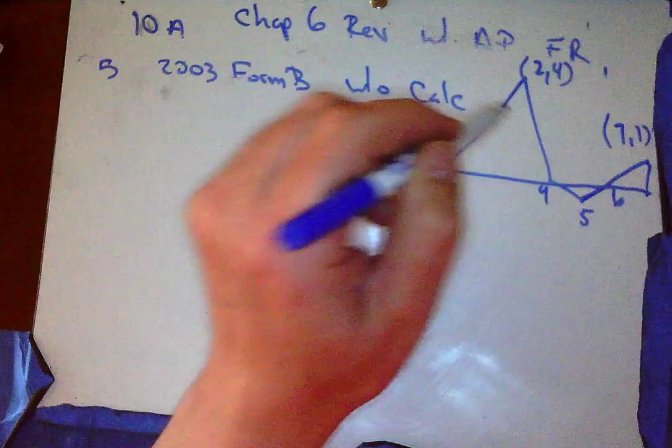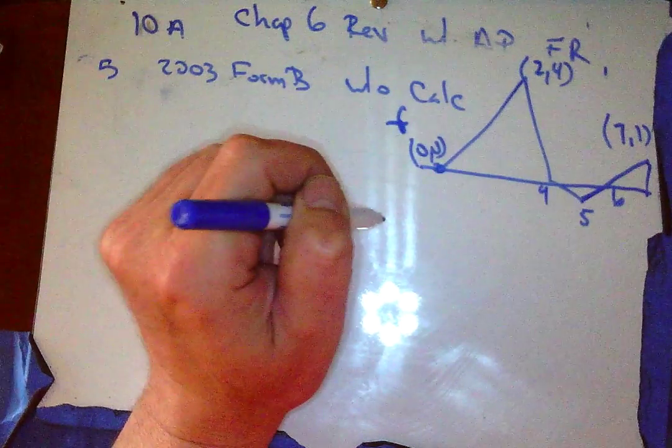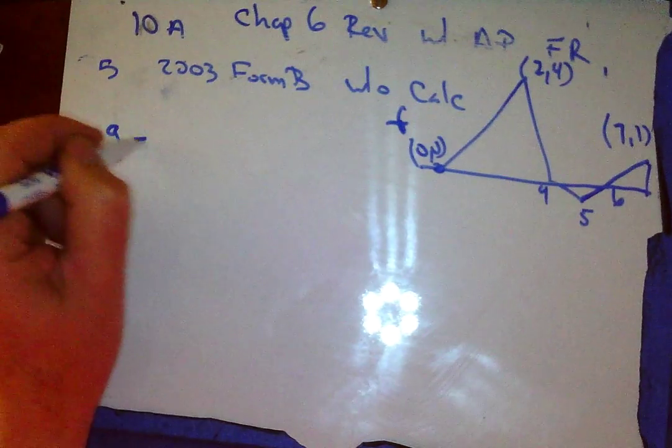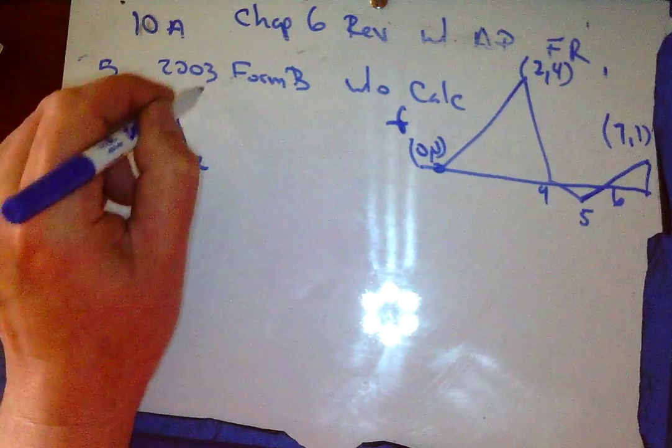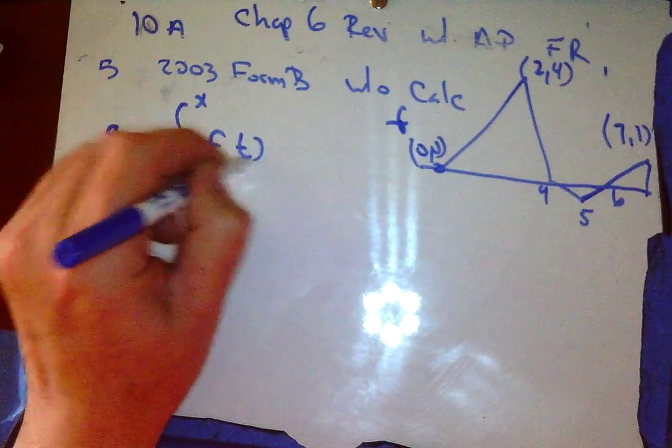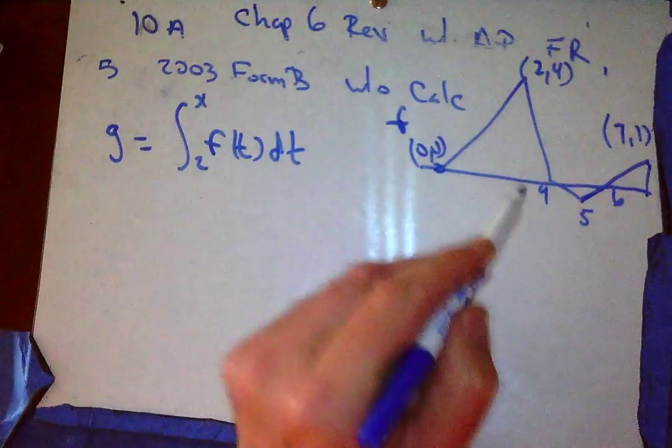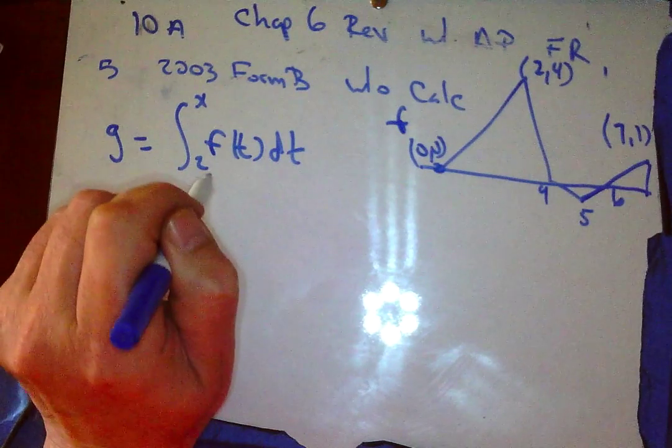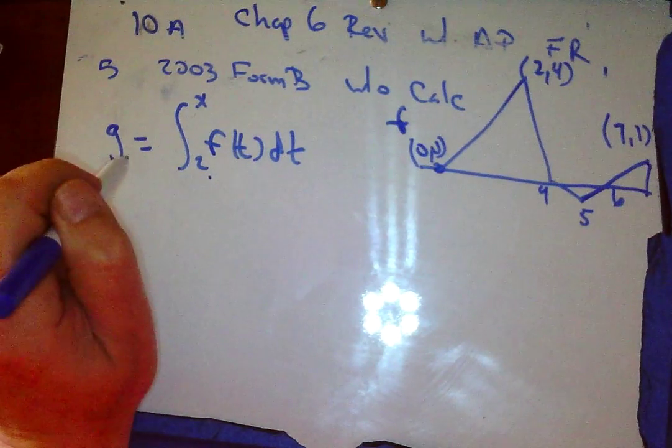We're told that this is a graph of f. And then we're told that g of x equals the integral from 2 to x of f of t dt. So if I integrate this from 2, I get g.